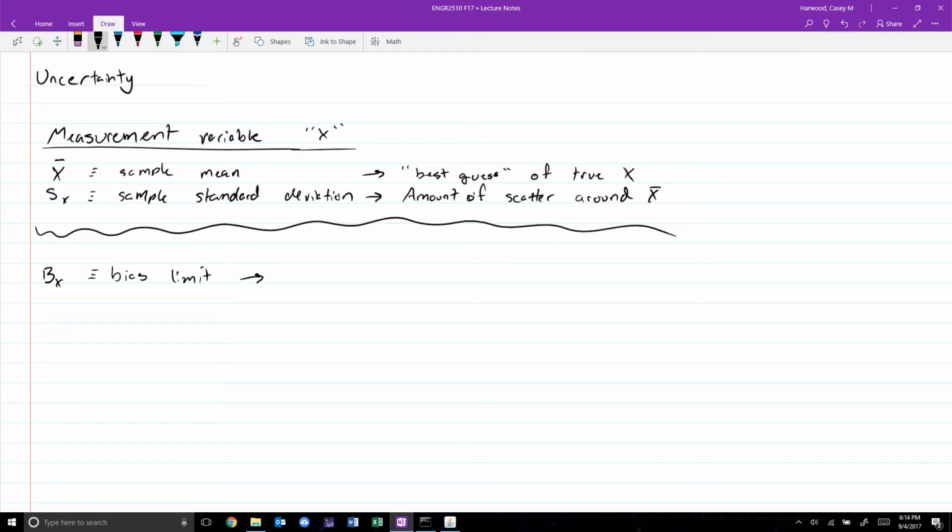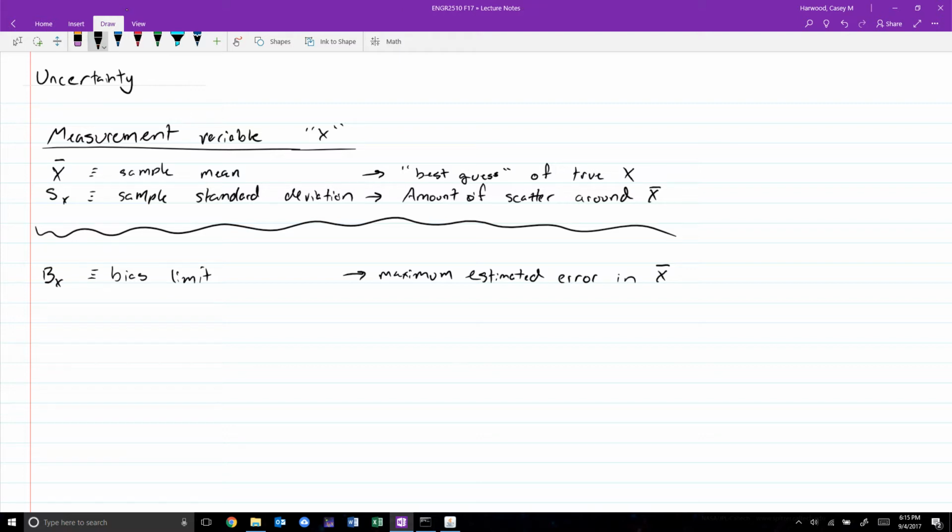And this has a lay interpretation as the maximum estimated error in X bar. That is, if this quantity right here, the sample mean, is our best estimate of X from collecting a bunch of different measurements, how far could that be from the truth?